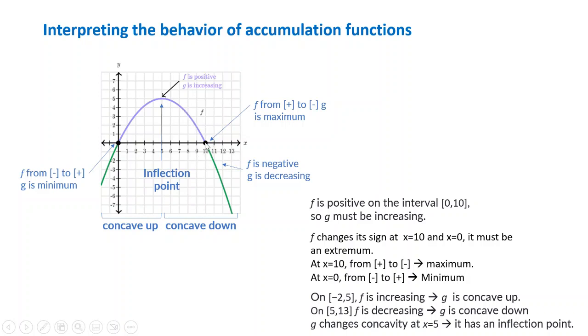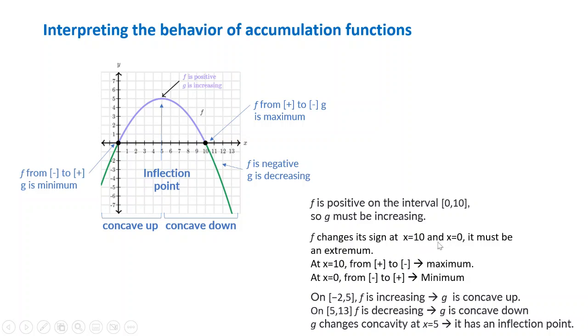Then at 10 there's a change in sign from positive to negative, so we know that it is reaching the local maximum. So this summarizes it. If f is positive on the interval of 0 to 10, it means that g must be increasing. What we know is f changes its sign at x equal 10 and x equal 0.